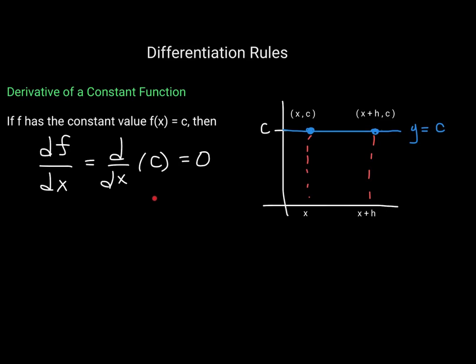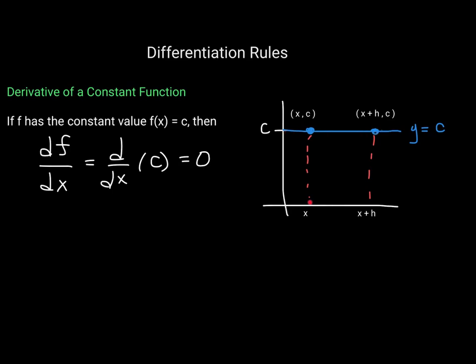So this rule that says the derivative of a constant is always 0 is just another way to say that the value of this function is never changing. The value of this function is always c. And that is to say the slope of this line is 0 at every single point.